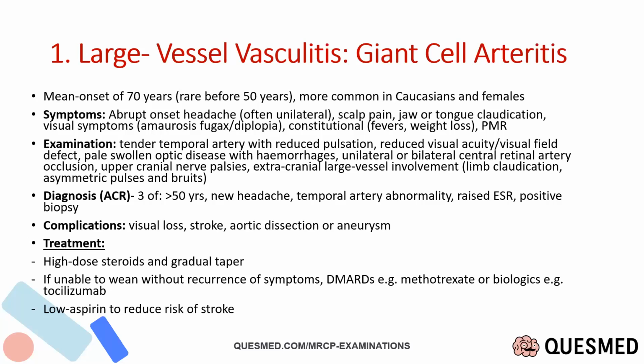And we give them the steroids and then taper as their inflammatory markers improve. If we can't wean them, because they have persistently high inflammatory markers or symptoms, we give them methotrexate, and also we're using tocilizumab now, which is an anti-IL-6. We also give them low-dose aspirin to reduce the risk of stroke from the inflammation.